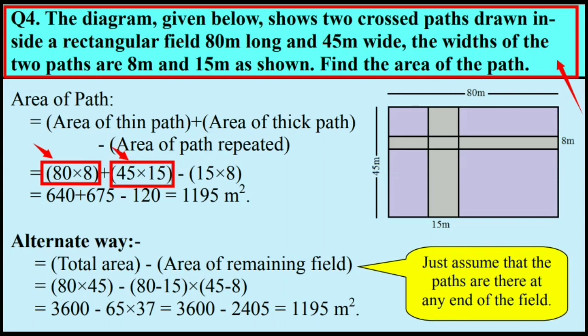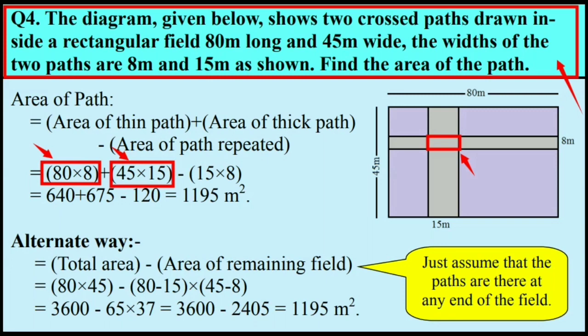Now, the problem is the area of intersection of these two paths, that is shown here in the diagram using red rectangular box, is repeated here. It means this particular area has been added 2 times.